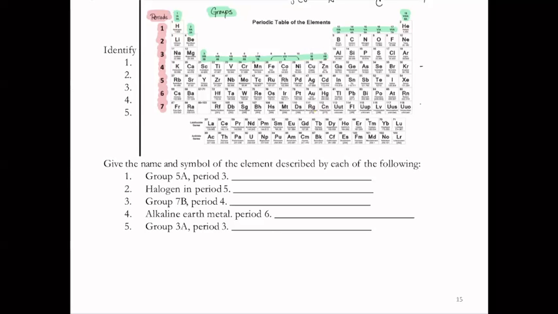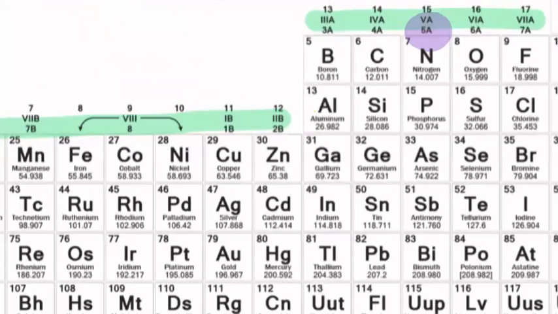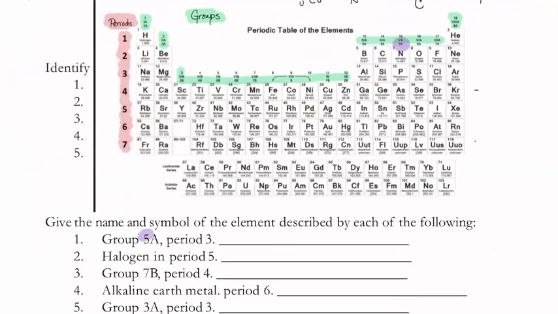As you can see, number 1 says group 5A. So when you're doing that, remember, you need to be familiar with the organization of the periodic table. So 5A, let me use my highlighter tool, is here. So group 5A, period 3. Oh, period 3 is right here. So where does 5A and period 3 meet?